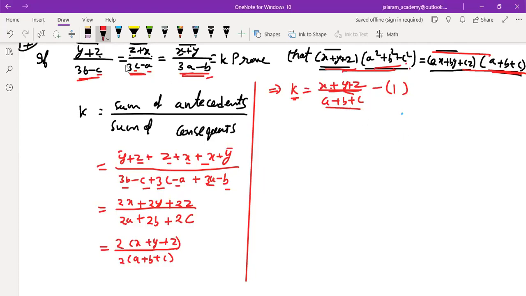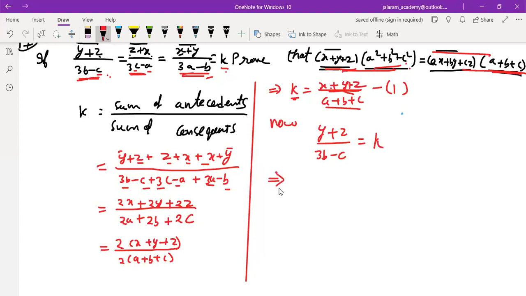So how to bring that? For this, we will further use these ratios. First ratio is y plus z over 3b minus c equals k.